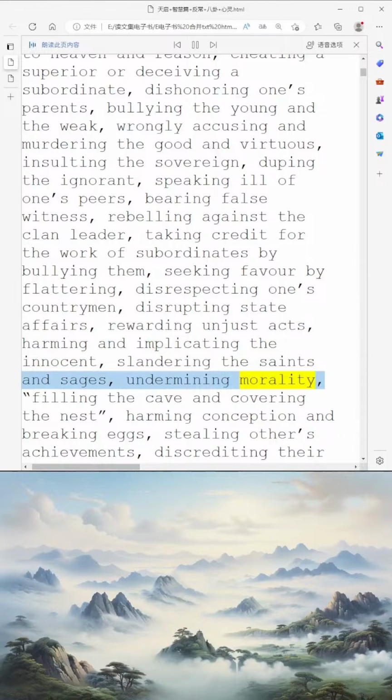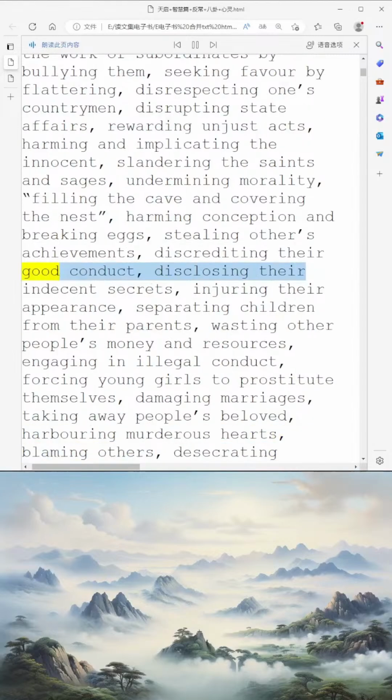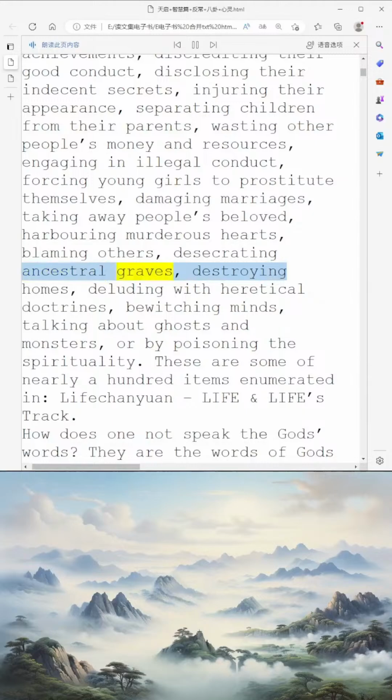undermining morality, filling the cave and covering the nest, harming conception and breaking eggs, stealing others' achievements, discrediting their good conduct, disclosing their indecent secrets, injuring their appearance, separating children from their parents, wasting other people's money and resources, engaging in illegal conduct, forcing young girls to prostitute themselves, damaging marriages, taking away people's beloved, harboring murderous hearts, blaming others, desecrating ancestral graves, destroying homes, deluding with heretical doctrines, bewitching minds, talking about ghosts and monsters, or by poisoning the spirituality.